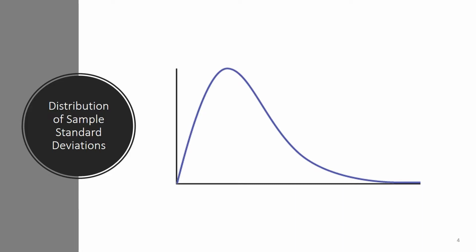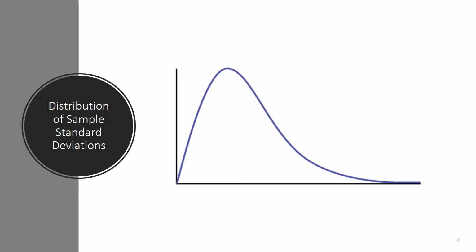If you remember, when we calculate the sample standard deviation, we use degrees of freedom, so we do n minus 1. We do that because a lot of times the sample standard deviation underestimates the population standard deviation. The degrees of freedom fix that a little bit, but not enough. So even after that correction, we have a distribution like this. It's not bell-shaped, it's skewed to the right.